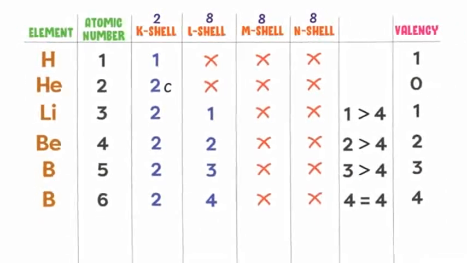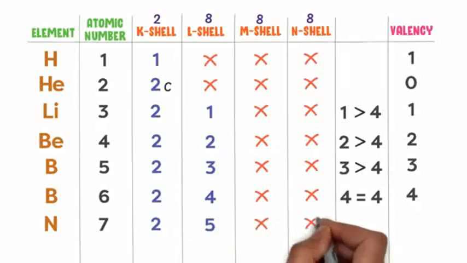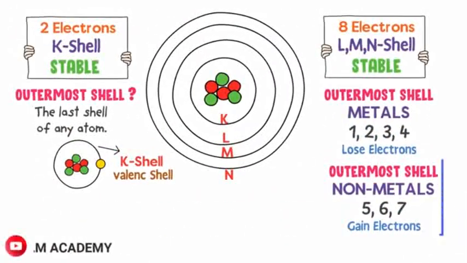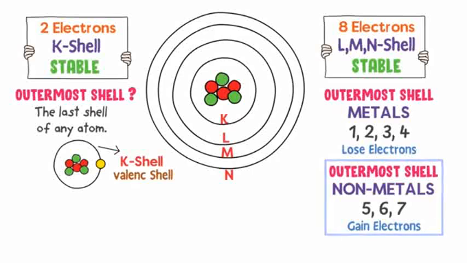The seventh element is nitrogen and its atomic number is 7. There are 2 electrons in K shell and 5 electrons in L shell of nitrogen. We have learned in the previous slide that if there are 5, 6 or 7 electrons in the outermost shell of an element, it is a nonmetal and they gain electrons.